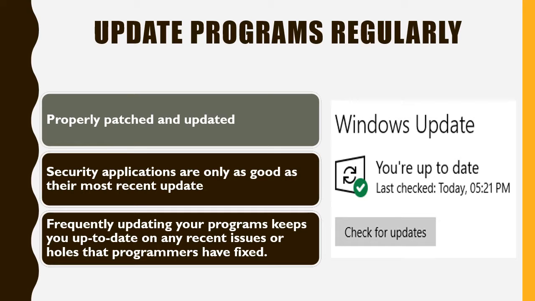If you see the message that you are up to date, that means you already installed all the updates and you don't need to worry about anything. Otherwise, you can click on check for updates, and if there is any, you can install it and make your system up to date.